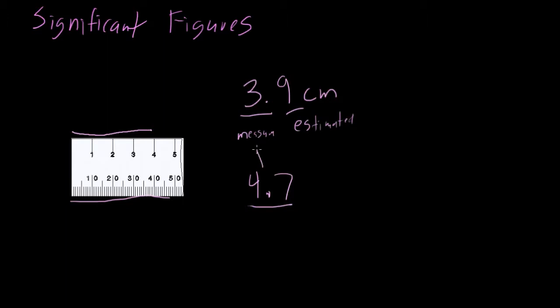These are both measured, so those are both significant. And then we have to estimate. See, it's almost 8 again, so I'm going to estimate about 4.78 centimeters. And again, all of these digits are significant. So we have 2 sig figs here, and we have 3 sig figs here.